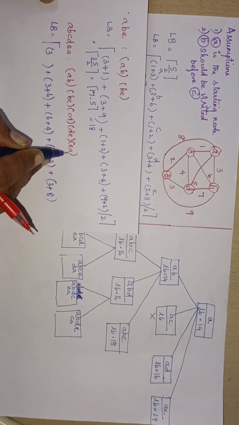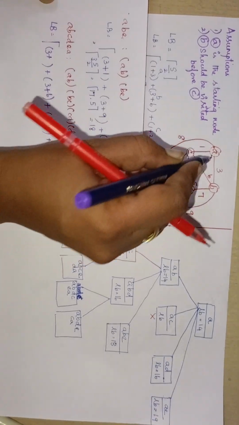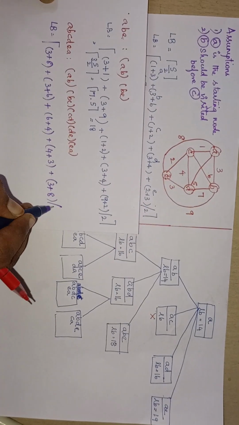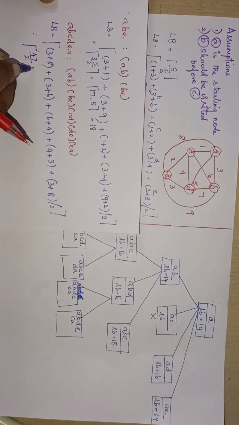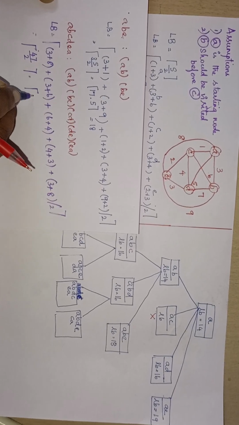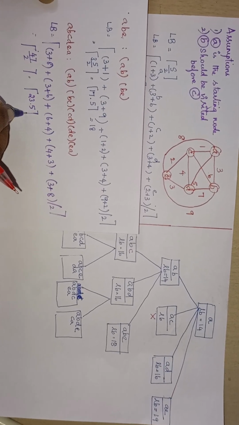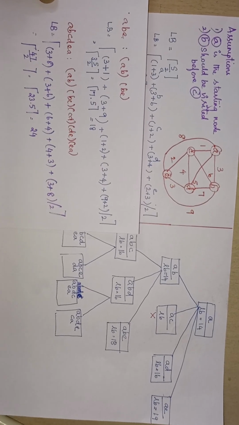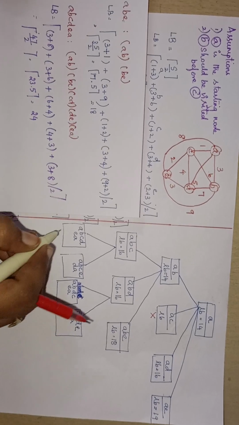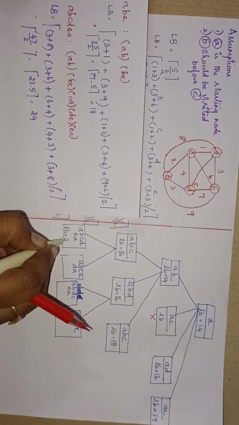So AB is 3, already noted, and EA is 8, divided by 2, ceiling. So if I add all these, I will get 47 by 2, which is the ceiling of 23.5, that is 24. So I am updating in the state space tree. So LB is 24.